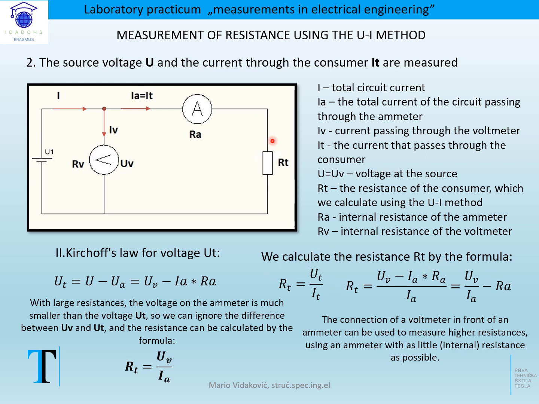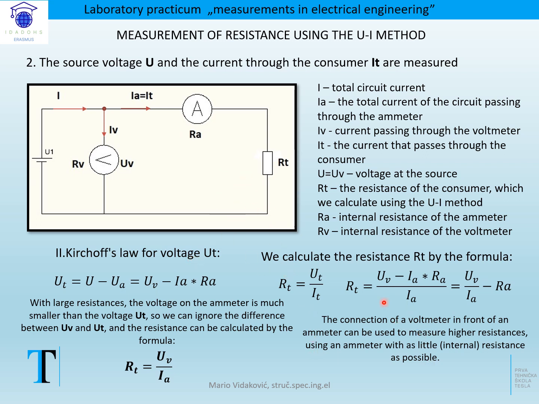RT is UT divided by IT, by Ohm's law. With a large resistance, the voltage on the ampermeter is much smaller than the voltage UT, so we can ignore the difference between UV and UT, and the resistance can be calculated by the formula RT equals UV divided by IA.